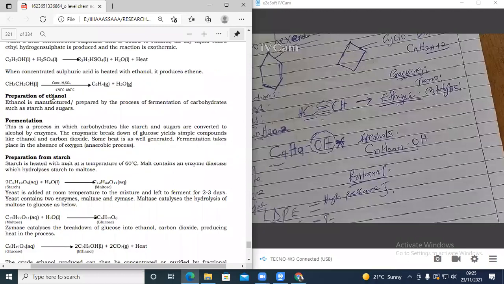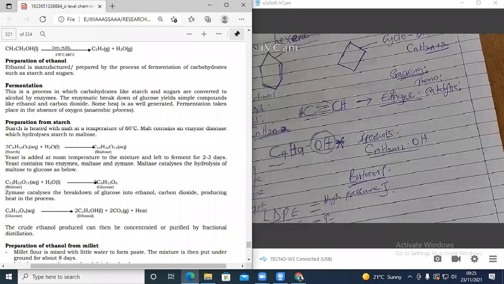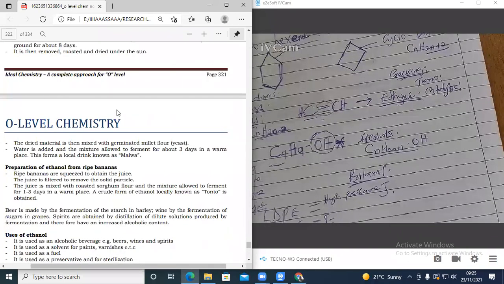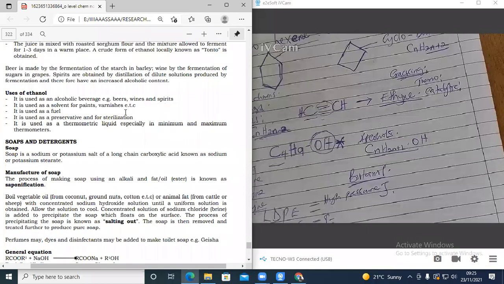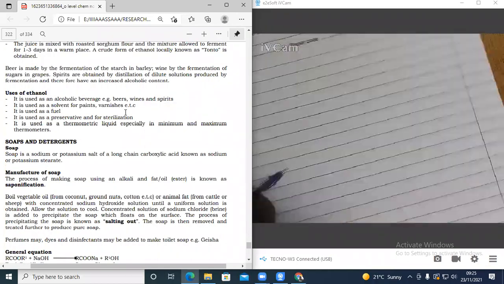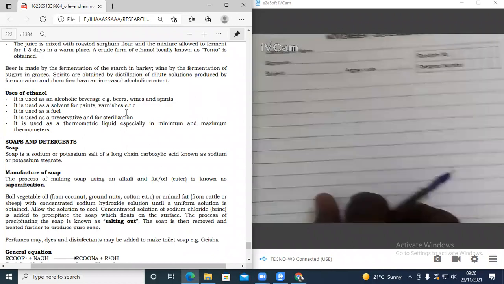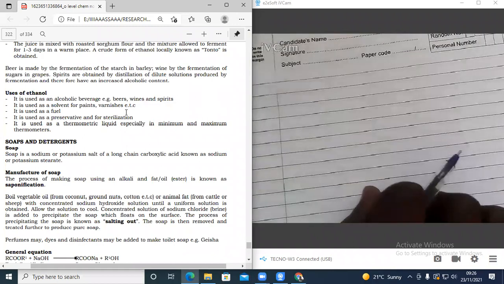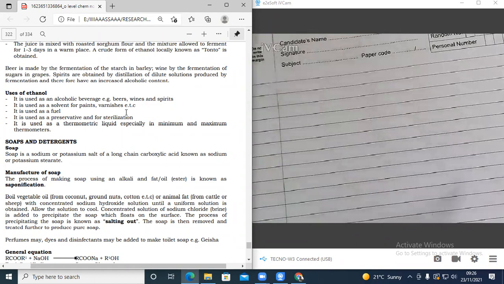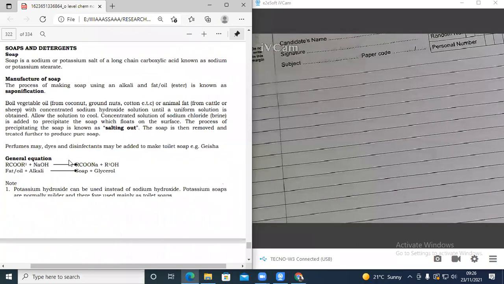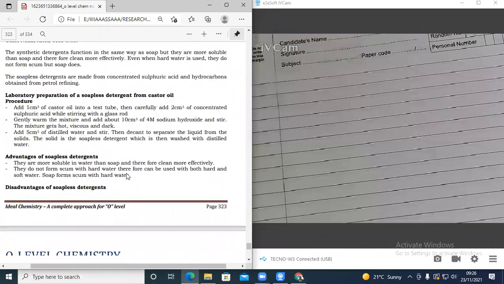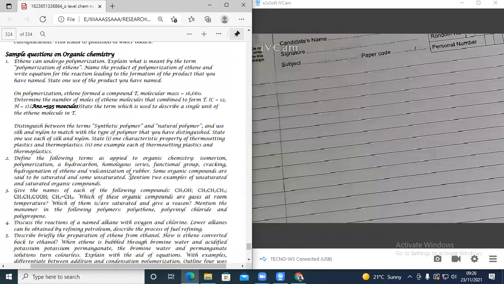So here we looked at preparation of alcohols. At this time, if there is anyone who is ready to talk, give us one way you prepare any alcohol you know from your side locally, because we want to close alcohols and we start on soap. And that one we shall call the end of organic chemistry, and we attack questions like this.